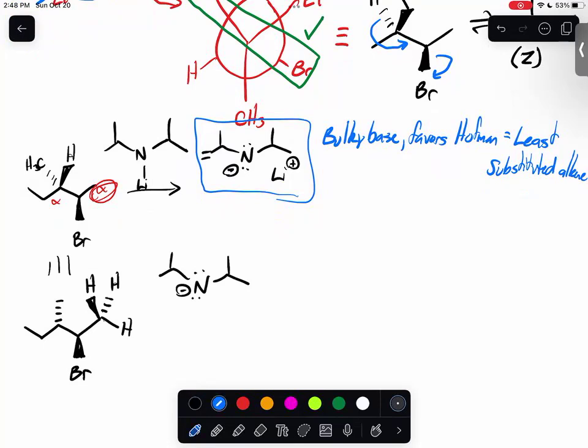There's guaranteed to be a hydrogen that is anti. In this case, it is the one on the dash. And so we end up with our final product being this here. It's monosubstituted. There's no other alkene that's even possible, right? Because it is the Hofmann product.